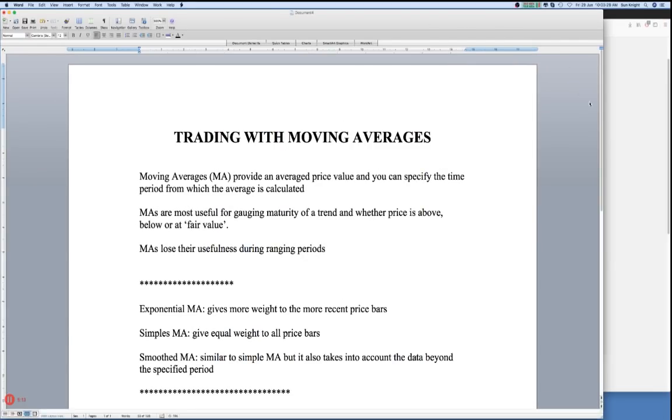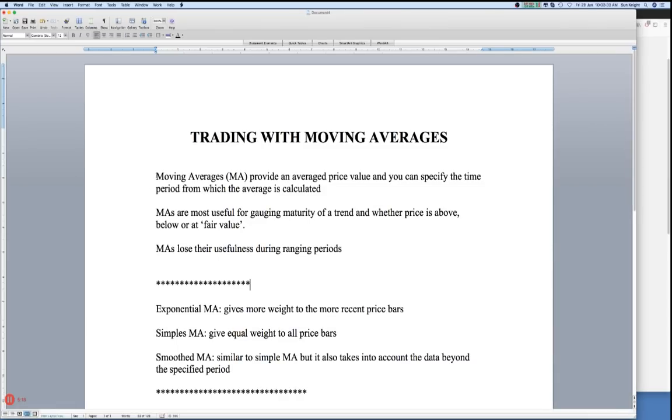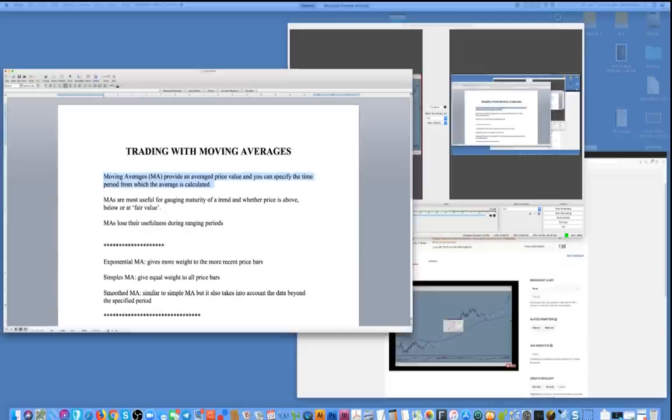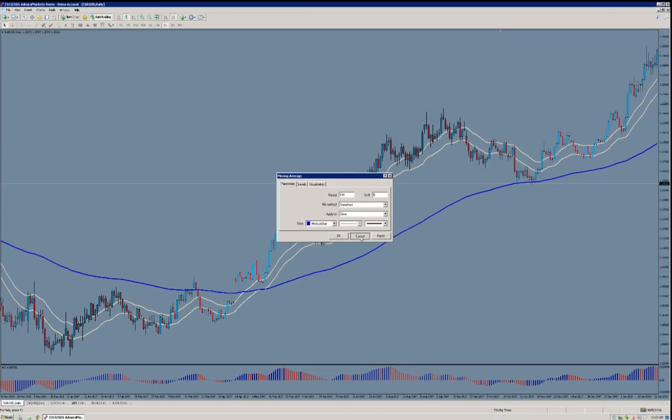let's quickly switch over to my notes here. So in principle, moving averages provide, as the name says, an average price value, and you can specify the time period from which the averages are calculated. On the chart, of course, that then looks like lines.